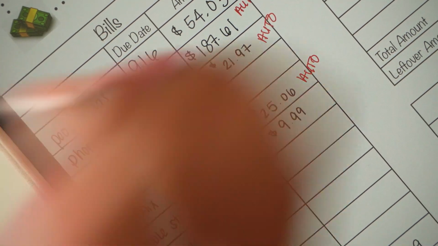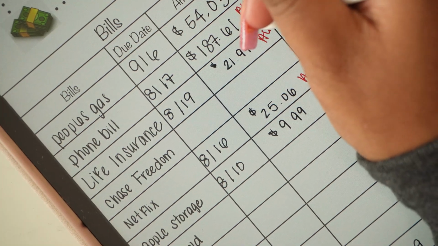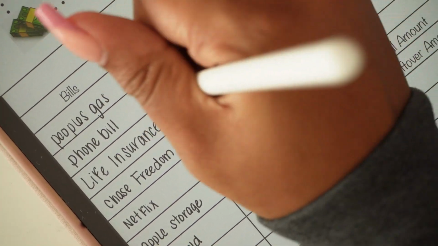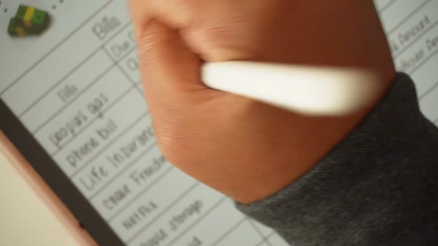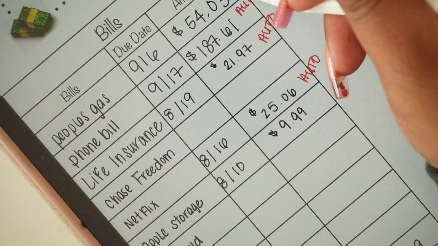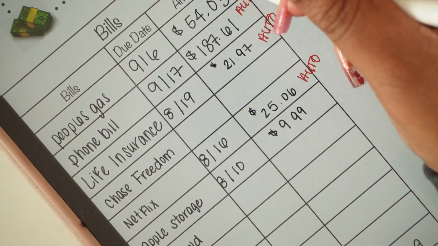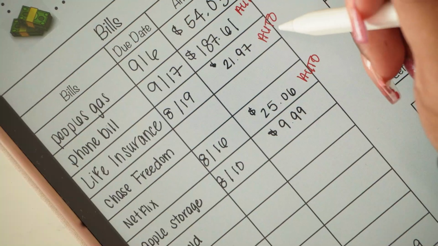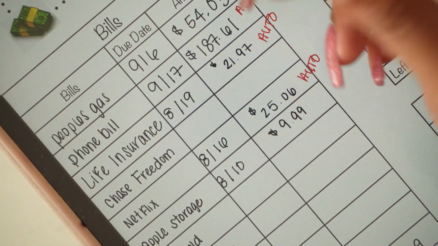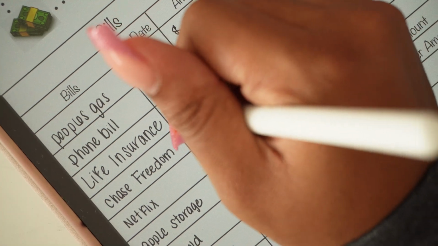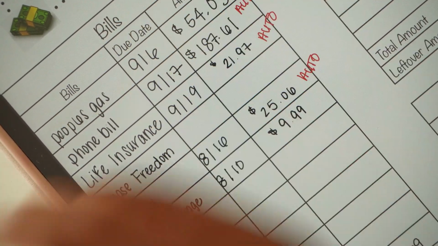So our bill is the same, 187.61, but now it is due on 9/17, and that is also auto, so I don't have to remember paying that one. It just comes out of my checking account on the 17th of every month. This is my life insurance. Also comes out on the 19th of every month, so I just gotta write 9/19 for that.